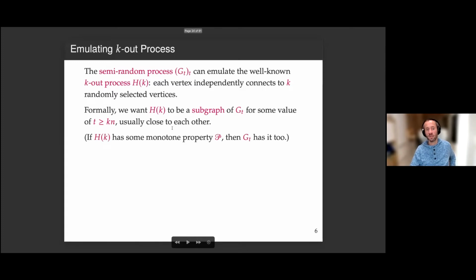So if I can do it, then I can reuse some known results for the Kout process, because if I know my property holds in a Kout process, then I know it must hold in a semi-random one too, if I can establish such a coupling.